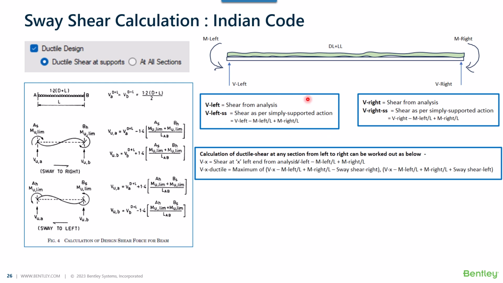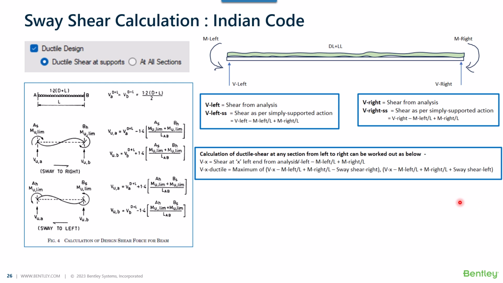So that's the formulation for calculating the shear from the moment for this entire beam using the simply supported action. And if you want to calculate the shear at any location X, then it can be calculated in this manner.